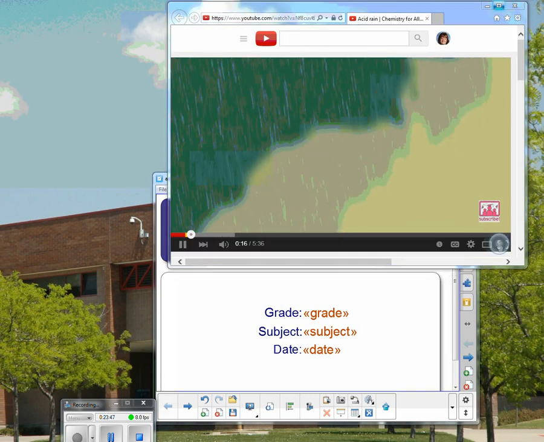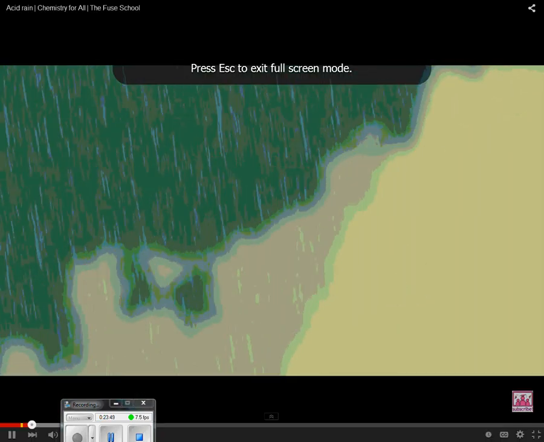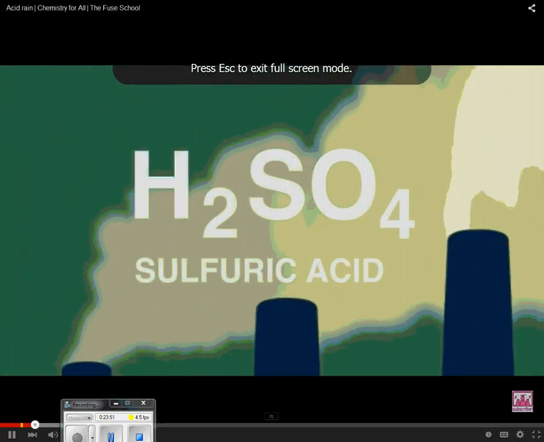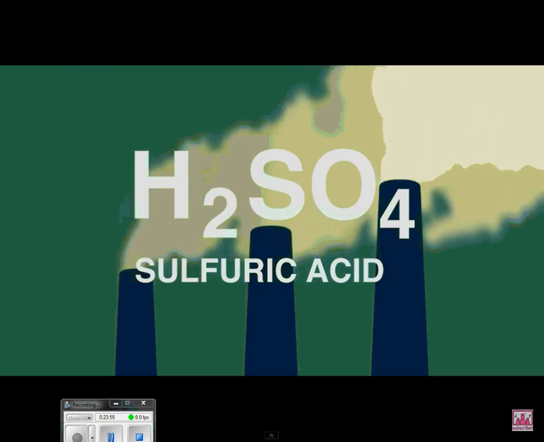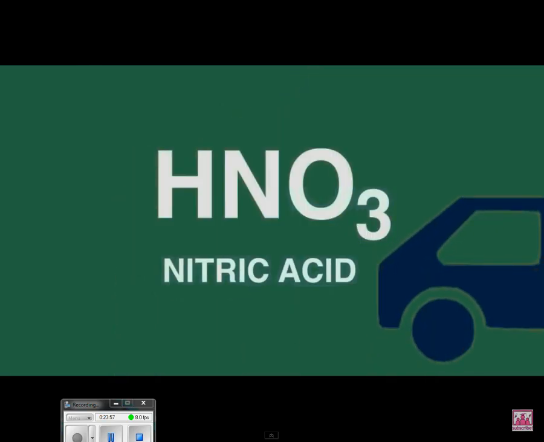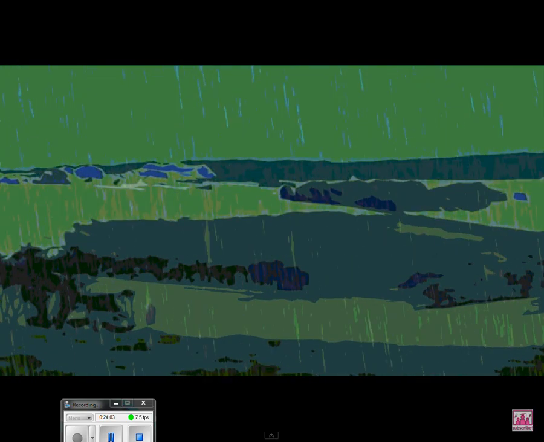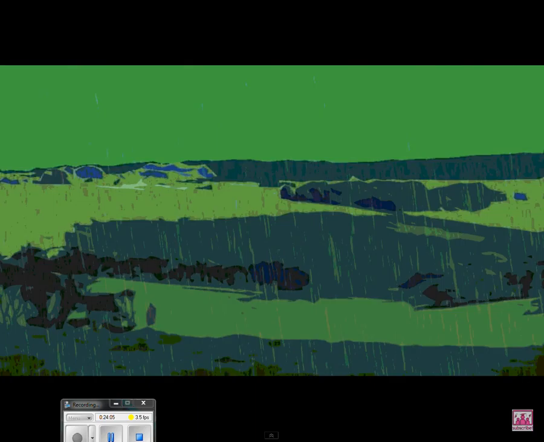Cause our rain to become acidified. Sulfuric acid arises from the burning of coal and oil, mainly in power stations, whereas nitric acid arises from the exhaust pipes of our motor vehicles. You will also see some of the effects acid rain has on our environment.